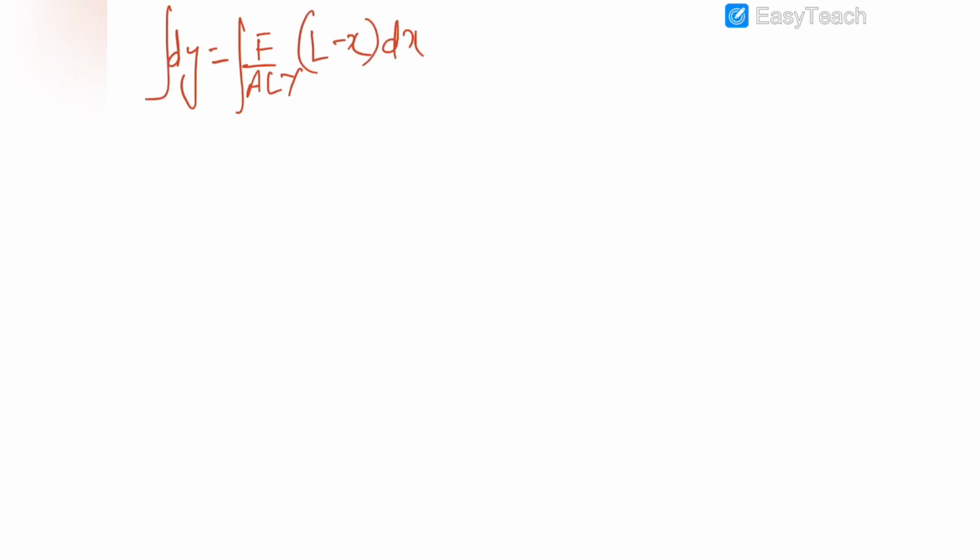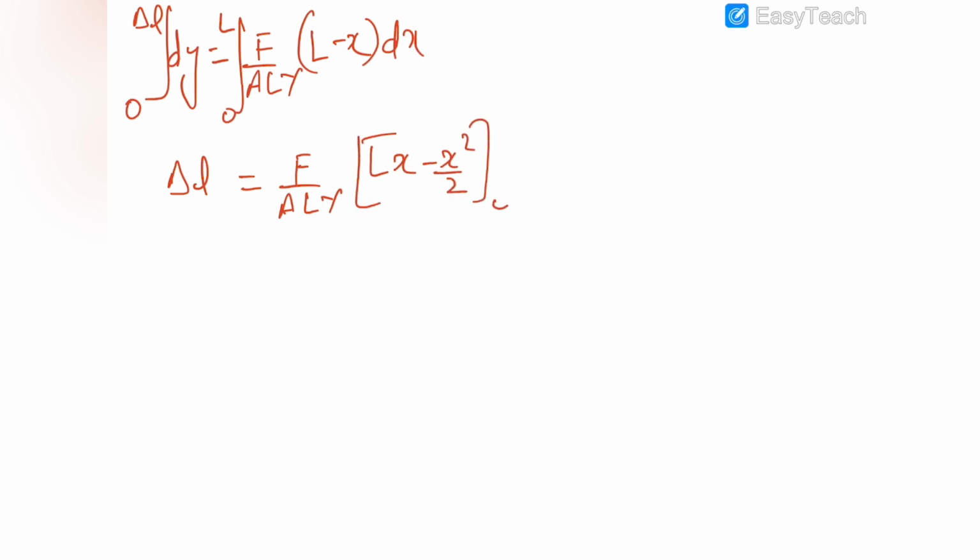Integrating both the sides, let us put the limit of dy, which is from 0 to delta L, and x would be from 0 to L. So it is delta L, and it is equal to F by AL gamma, and the integration of this term would be Lx minus x square by 2.